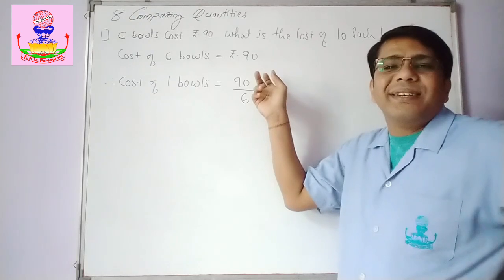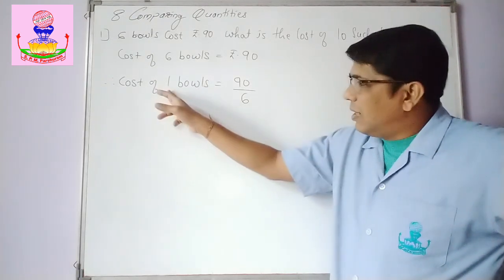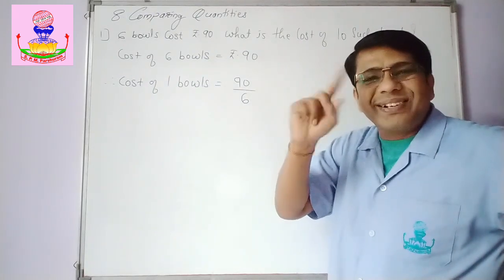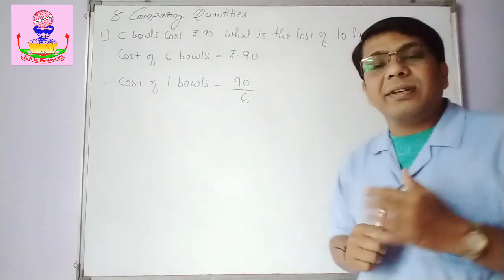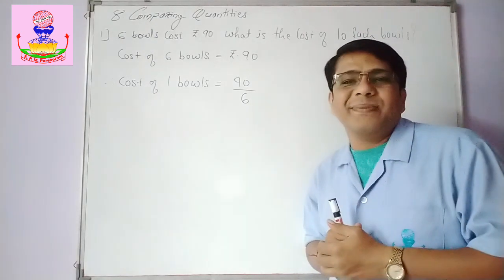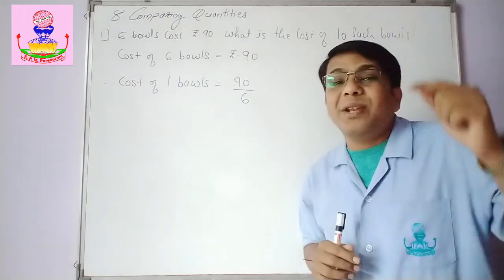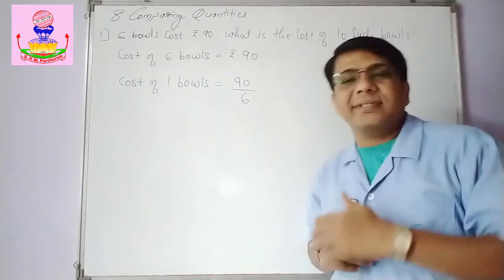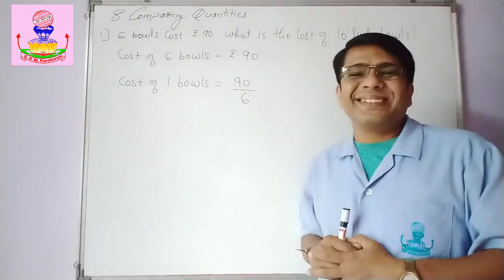That is cost per unit. Here the unit is 1 bowl. Similarly, if I am using distance traveled in so many liters of petrol, it is distance per liter, or kilometers per hour, or children per teacher.